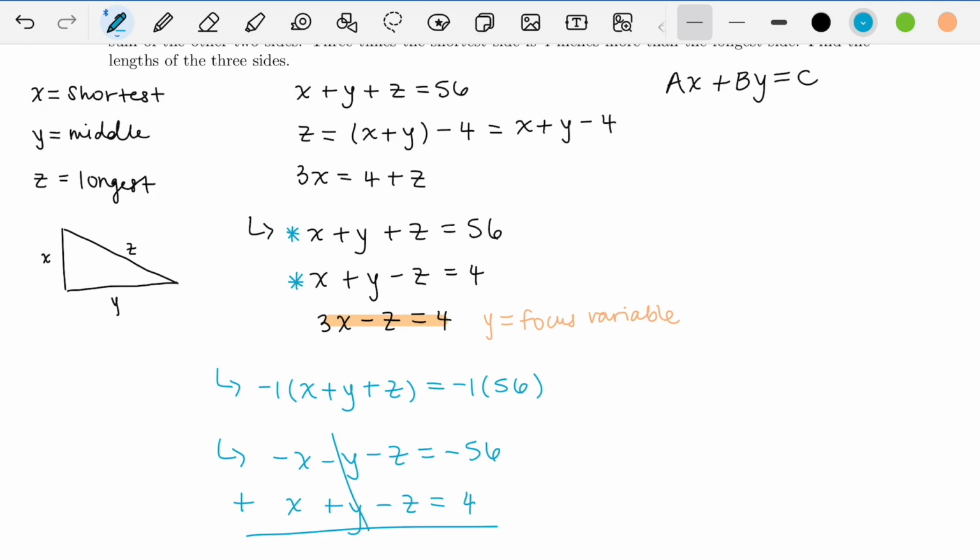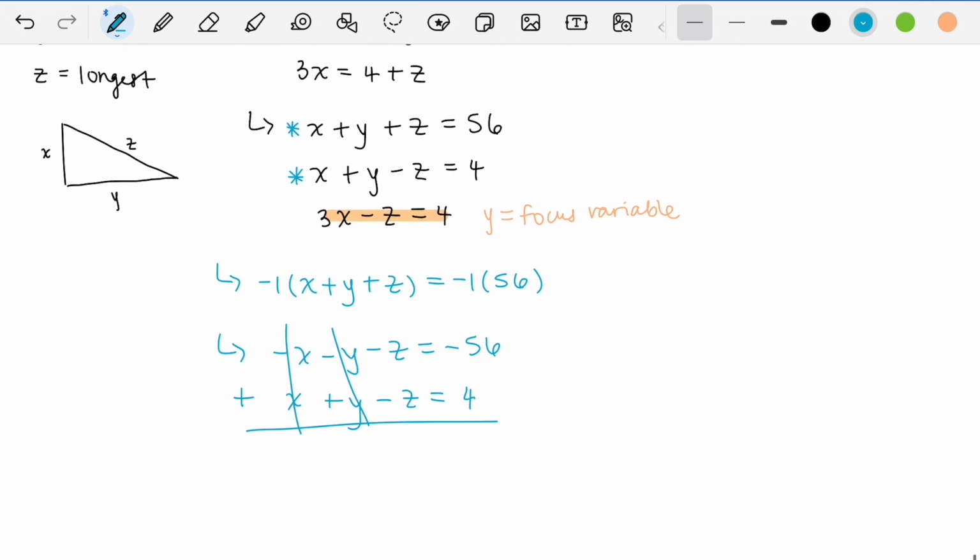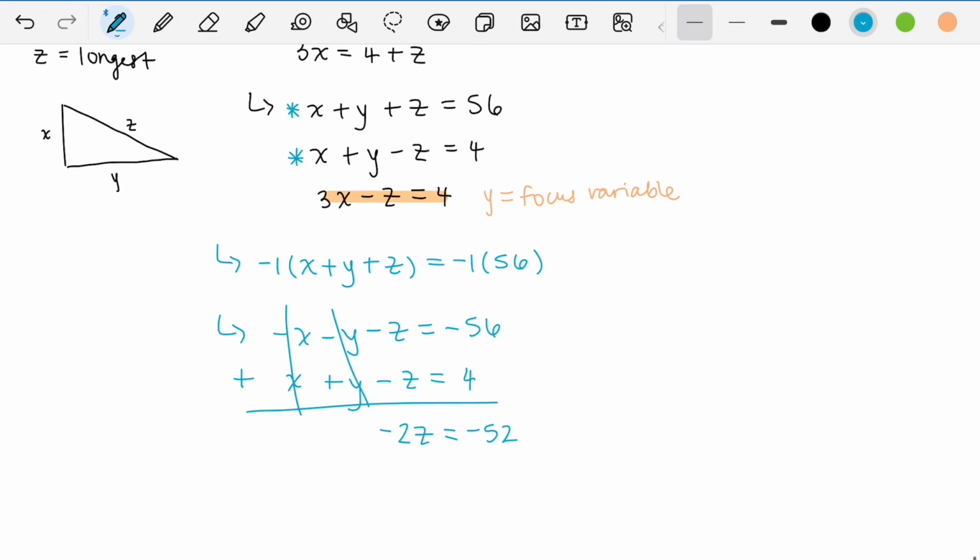Doing that, our y's are eliminated, but notice so are our x variables. That's fine, this actually makes it a little bit easier for us. We have minus 2z on the left-hand side, and then minus 52 on the right-hand side. Dividing by -2 on both sides, this will give us z equals 26.